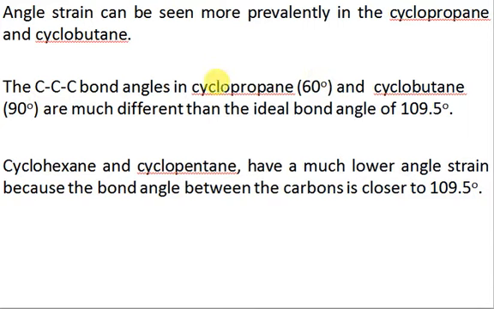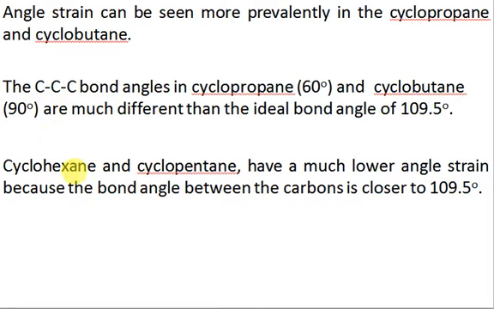In cyclobutane, the bond angle is 90 degrees. So there's a huge difference between the bond angle of cyclopropane and the ideal angle, and similarly for cyclobutane. It is this deviation of the observed angles from the ideal angle that is causing these two cycloalkanes to become unstable.